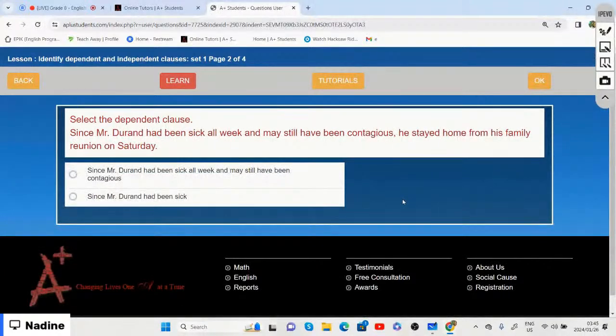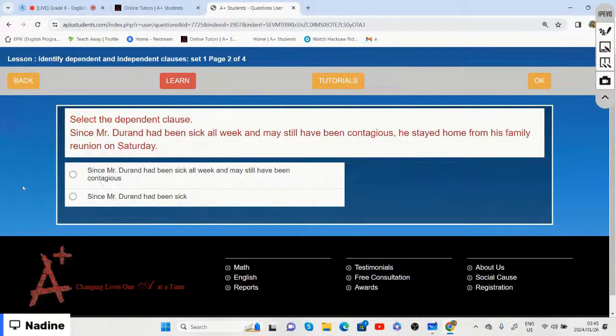All right, so now we need to select the dependent clause. It says, "Since Mr. Durand had been sick all week and may still have been contagious, he stayed home from his family reunion on Saturday." So we need to select the dependent clause. Is it "since Mr. Durand had been sick all week and may still have been contagious," or "since Mr. Durand had been sick"?